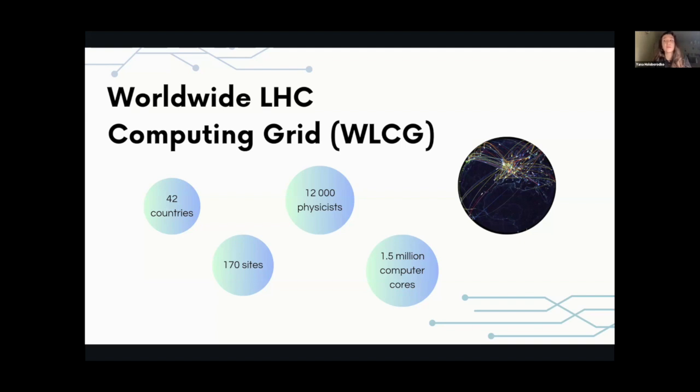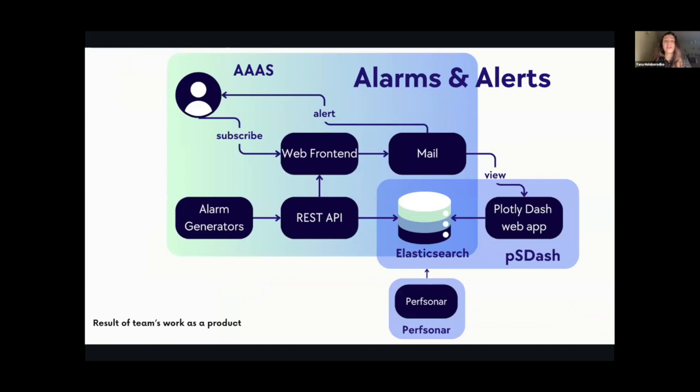As we all know, the Large Hadron Collider produces an enormous amount of data, and it's very difficult to maintain the performance of the network which deals with this data. So it is a challenge to monitor and track all the discrepancies and to improve the performance of this network.